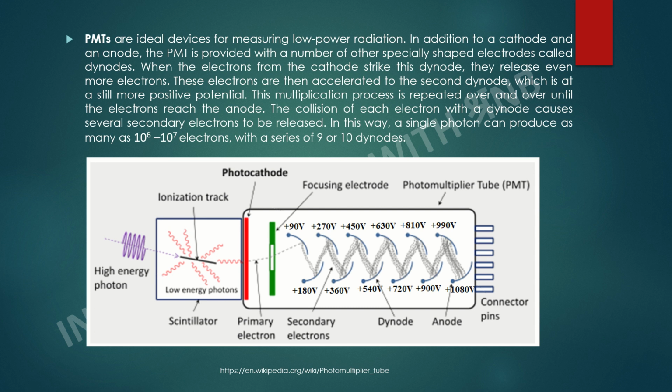The potential increases with the increase in the number of dynodes, so that from a single photon we can get as many as 10 to the power 6 to 10 to the power 7 electrons using a series of 9 to 10 dynodes.